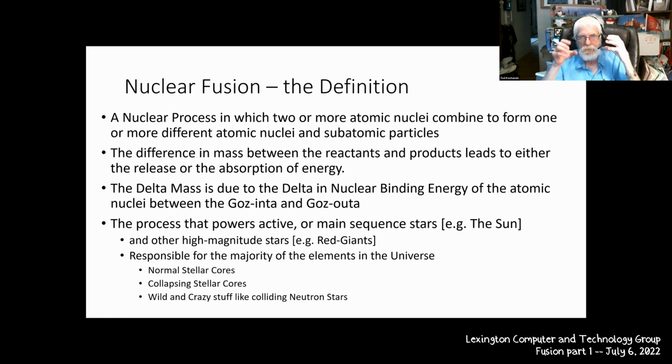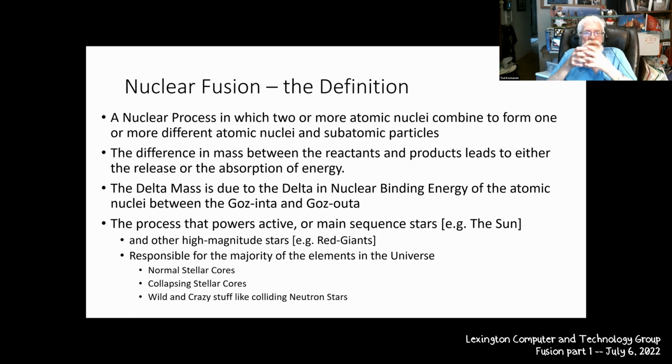And the difference in that mass, using E equals mc squared, is energy that's released in some fashion. Sometimes it's in the form of photons, and sometimes it's in the form of charged particles, and sometimes it's in the form of neutrons, and there are also neutrinos and stuff involved.